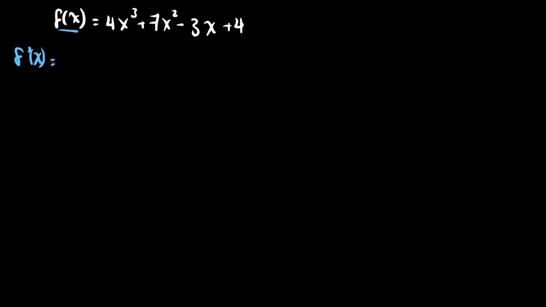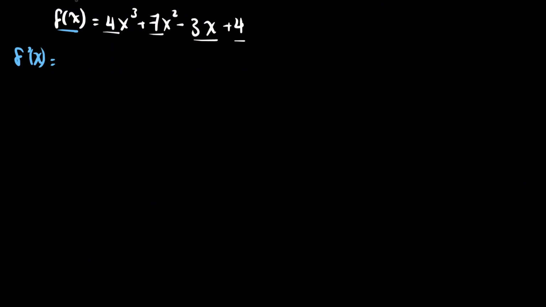Alright, so now let's see how to get the derivative of a function. Let's say 4x cubed plus 7x squared minus 3x plus 4. By the way, the notation for the derivative of a function is f prime of x. So how to get f prime of x? We are basically getting the derivative for each term separately.